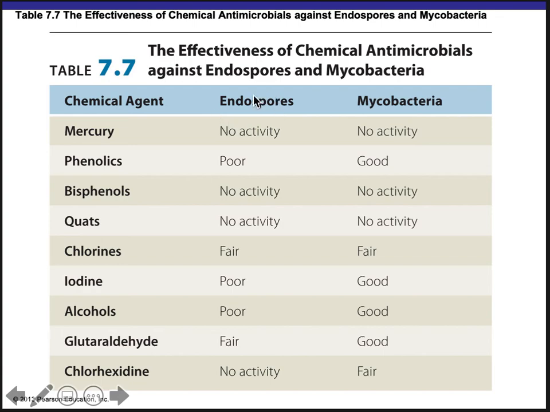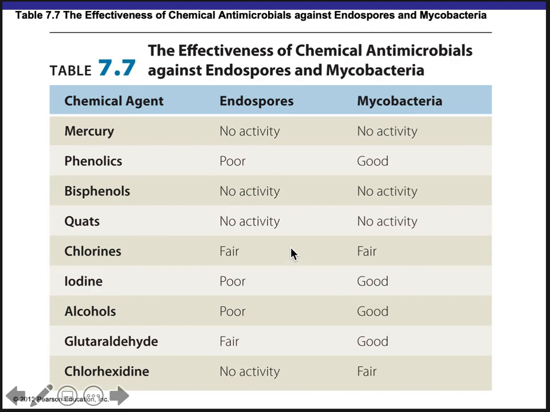The Clostridia are examples of endospore-forming bacteria. Okay, so mercury doesn't affect either of them. The phenolics have a very poor disinfection property for endospores, but pretty good for mycobacteria. Then we see the bisphenols and the quats actually don't impact either of these groups.